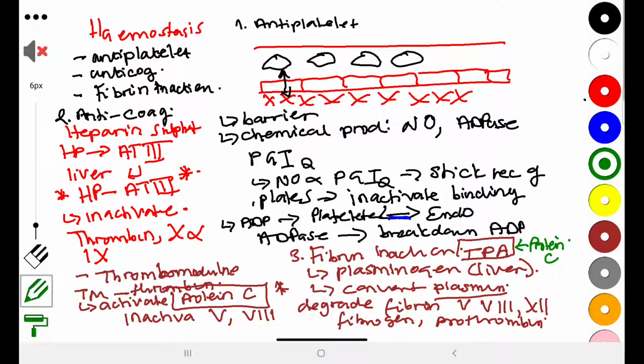So this is what is happening in a healthy endothelium. In the next video, we'll try to appreciate what is happening in an endothelium that is not healthy, or that has been infected, or something has happened. And let's see how this clotting or coagulation goes on in order to keep blood fluid.